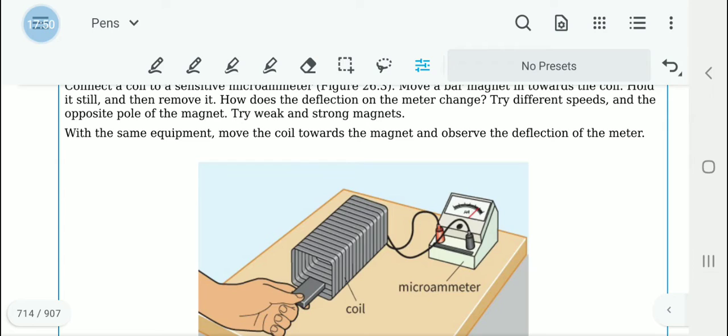When we move it in and out, there would be a deflection. However, if you stop, there wouldn't be any deflection at all.